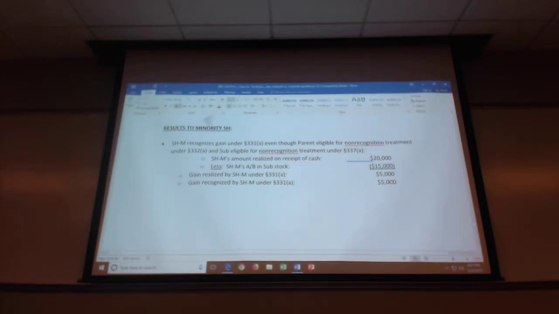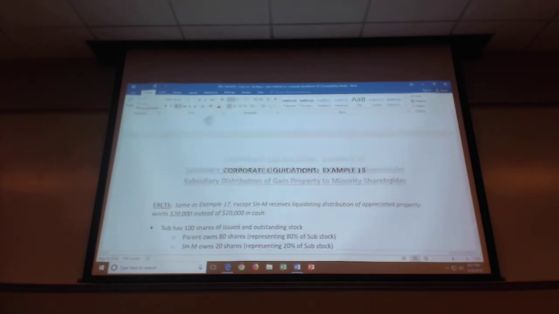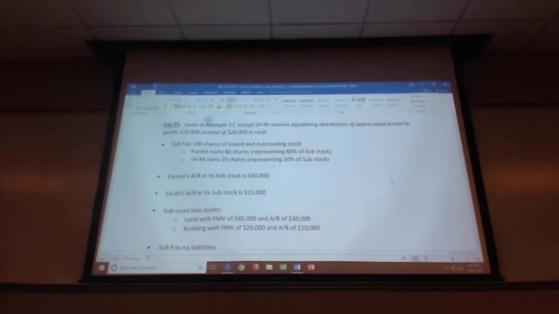And to see how this plays out, skip quickly to the next example. Same exact facts, except the minority shareholder, instead of getting $20,000 of cash, gets $20,000 of property. Assume that the subsidiary had a property worth $20,000 with a basis of $10,000, which it distributes to the minority shareholder.